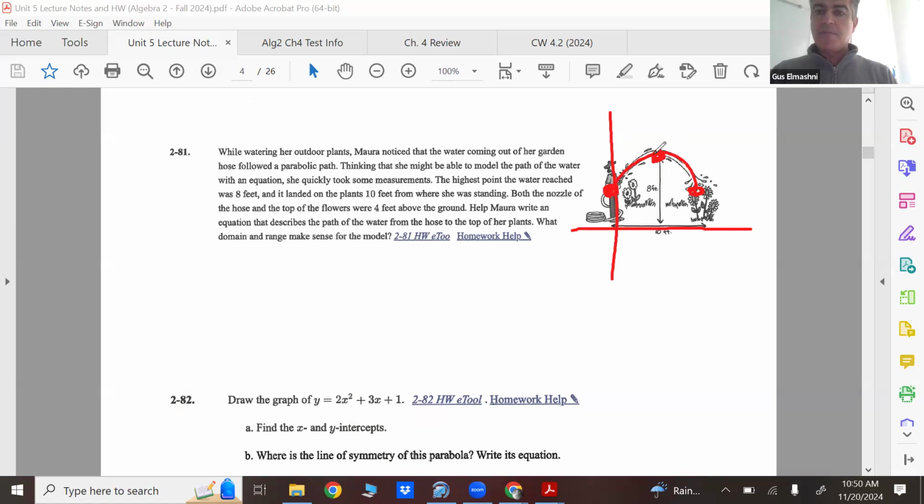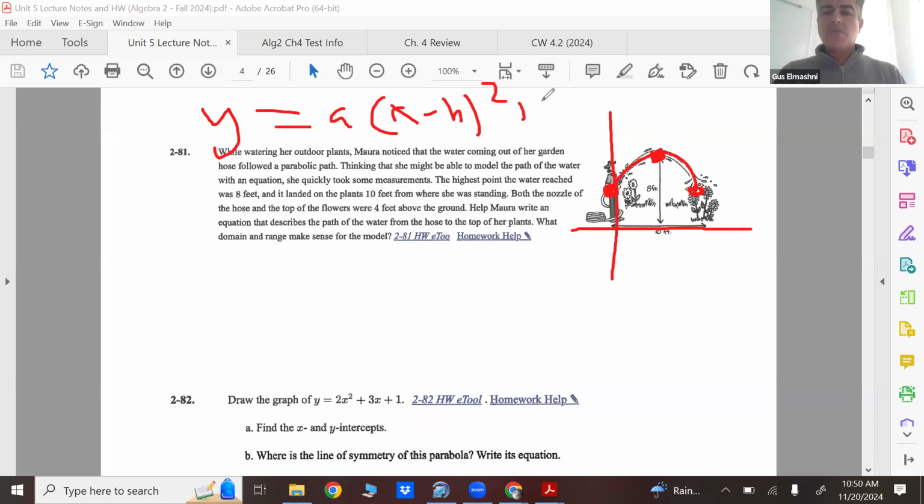What am I drawing? Parabola, great, awesome. And I'll give you the standard form for a parabola. If you guys know it, that's great. But if you don't, no worries. I'll give it to you on the quiz. So if you do that, what's my vertex? What's h? What's k? What do you guys think? Yeah, great, perfect. Thank you, always. 5 and 8, awesome.